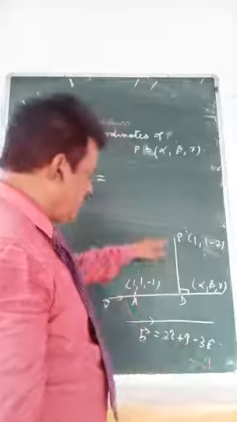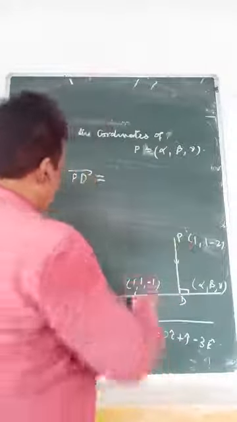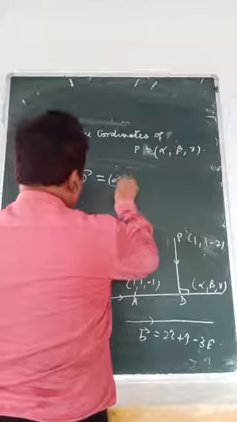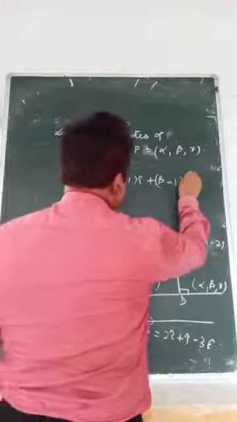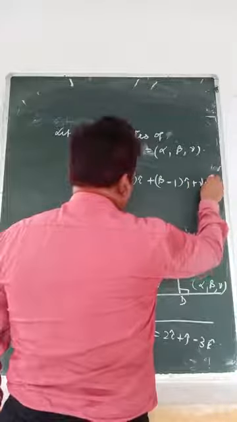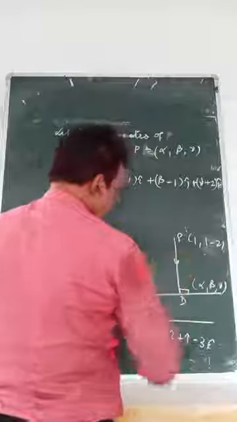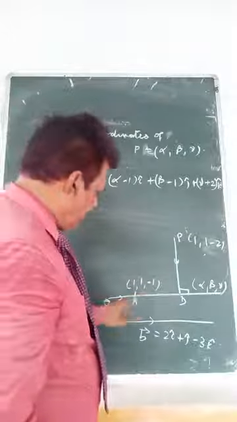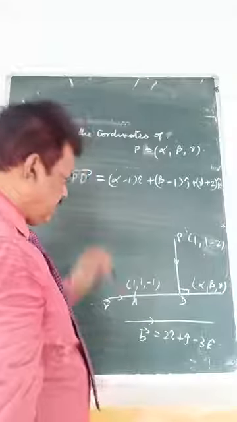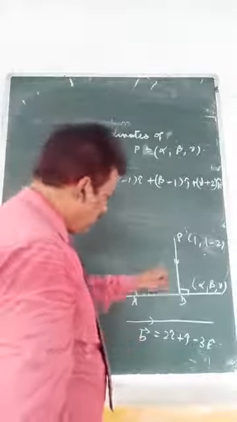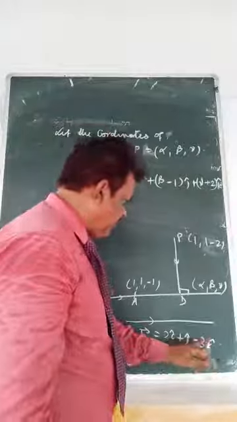So the PD vector means terminal minus initial, that is (alpha − 1)i + (beta − 1)j + (gamma + 2)k. When this is perpendicular to this line, how will you find the relation between PD and the b vector?